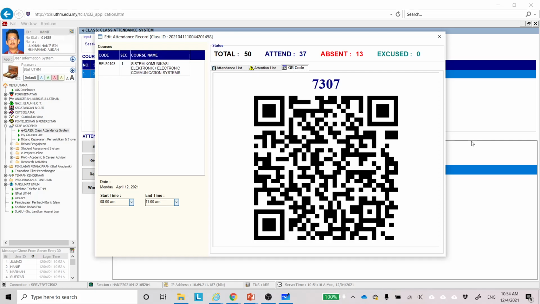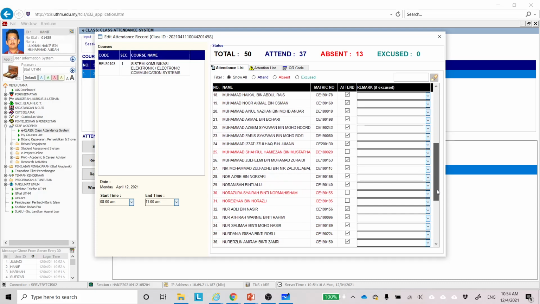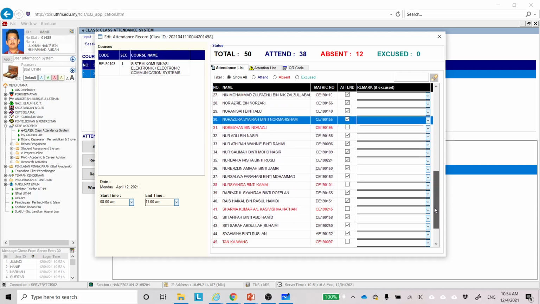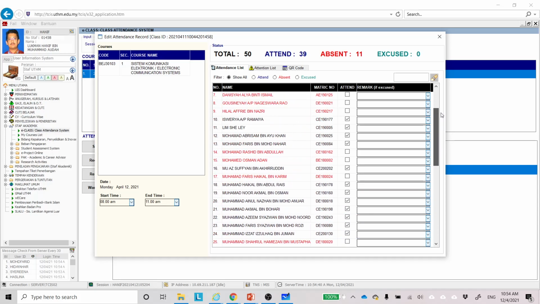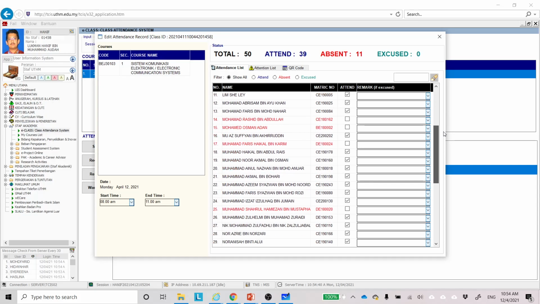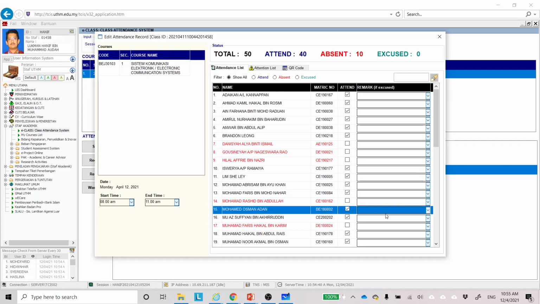Tak boleh scan sebab saya guna phone. Doktor, saya pun tak boleh scan. Nama? Your name is Sharma. Number 41. Dr. Muhammad Osman Adam. Okay, Osman Aden. Siapa lagi?